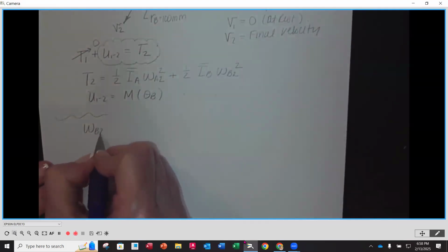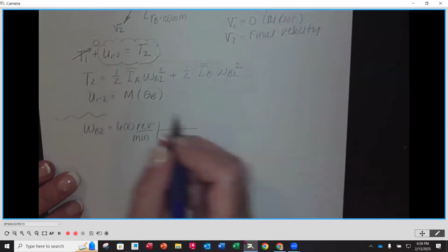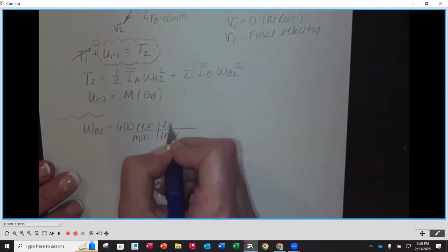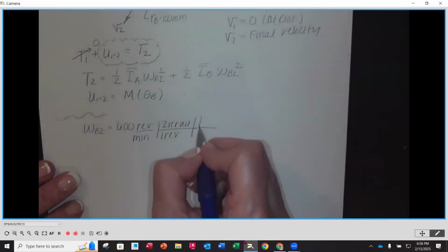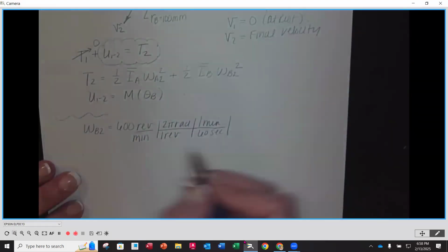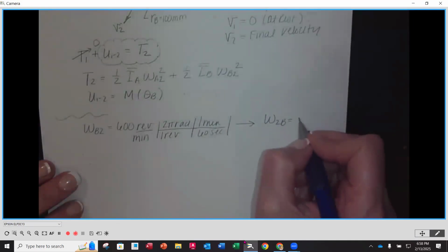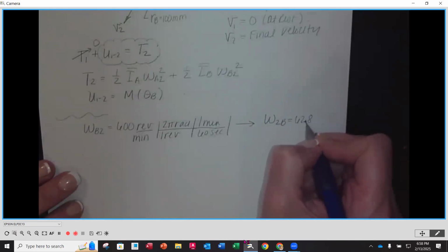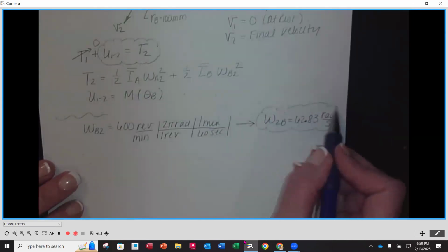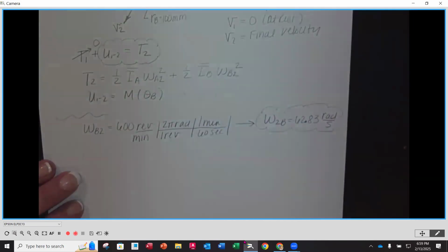We know that ω_B2 is 600 revolutions per minute, and we need to convert that to radians per second. 1 revolution is 2 pi radians, and 1 minute is 60 seconds. So our ω_B2, at 600 RPMs, is 62.83 radians per second. And this is the value we're going to use up here.